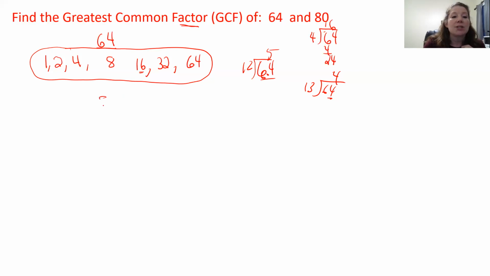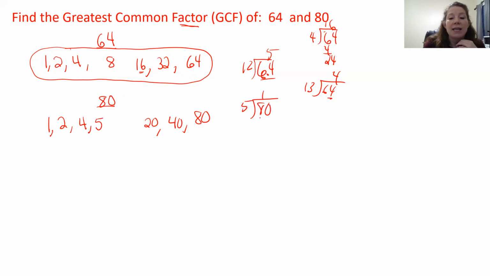Okay, now we're going to do 80. So 80 is a big number. So we're going to say 1 times 80, right? What about 2? Yep, it's even. 2 times 40. What about 3? No. What about 4? 4 and 20. What about 5? Yep, it ends in a 0. So 5 goes into 80 16 times.